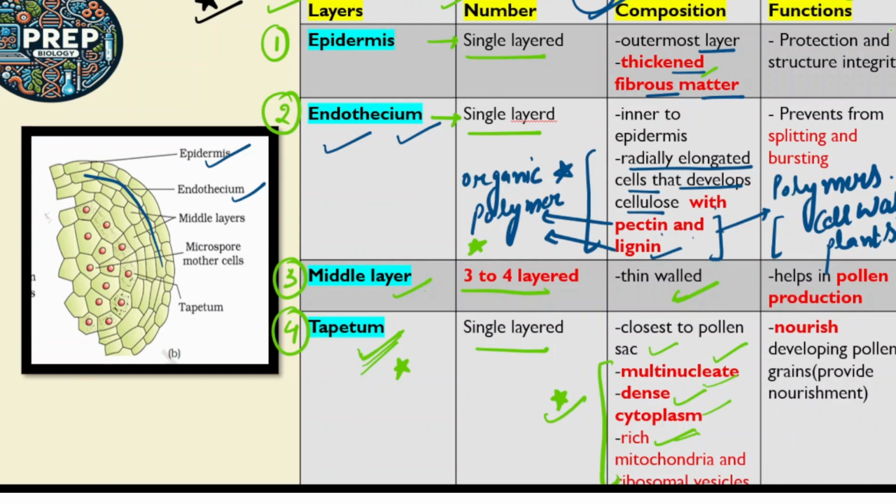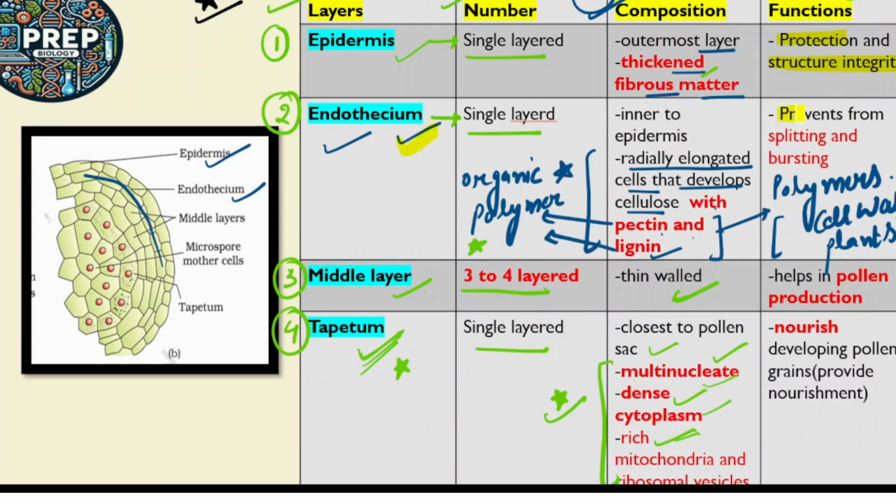Now let's see the function of each layer. First is the epidermis. It helps in protection and structural integrity. It maintains the structure of an anther. Second one is the endothecium.